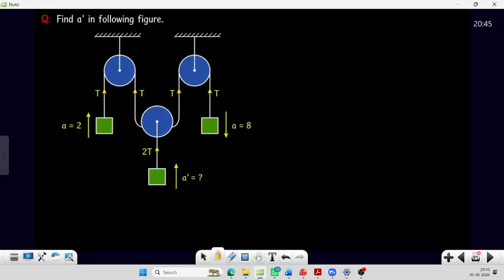Next, you have to be able to directly write the equation. Without the figure also you can write the equations, but see the figure properly and write the equations. They ask you to find A. For each block you need to apply it. Tension is given already.